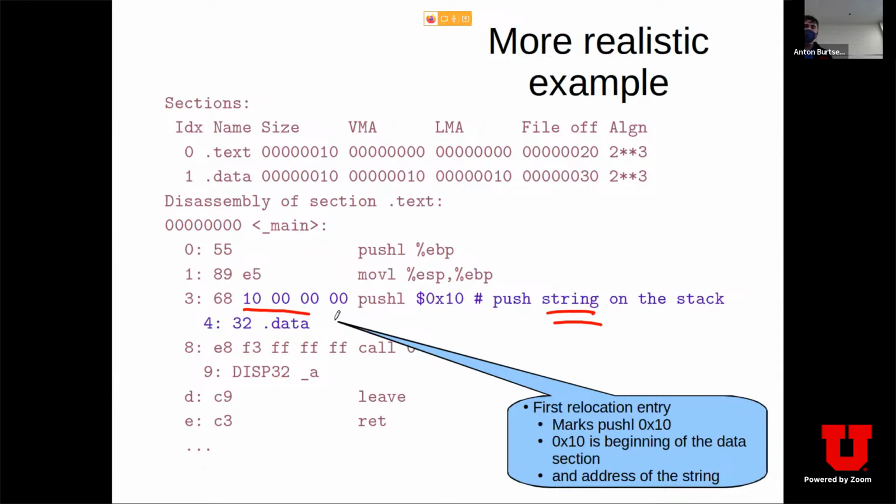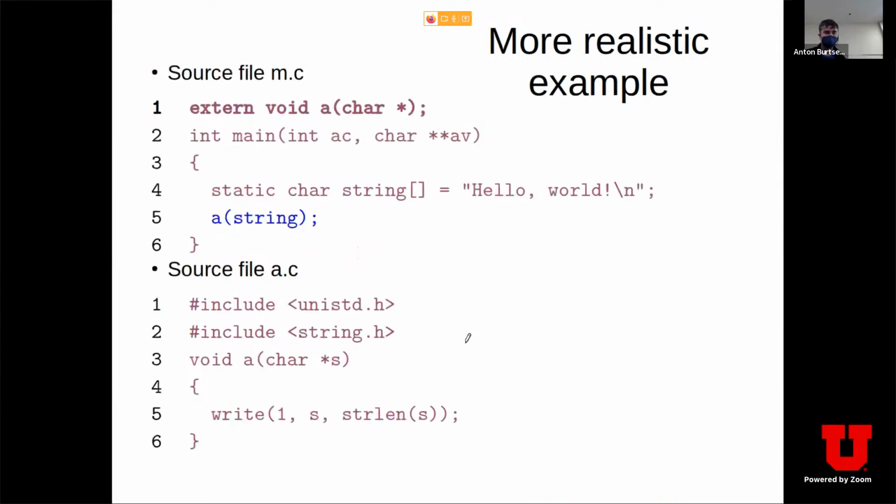So the address of the string on the stack, it's a pointer to char. Since it's sitting exactly at address 16, I'm pushing that address. So this is 16, right? And this is what your human readable assembly shows you. So you're pushing something from address 16, right? So that's exactly this thing, the call site of A.